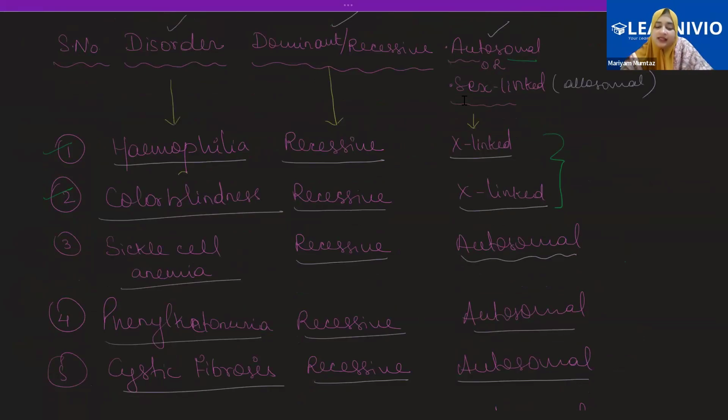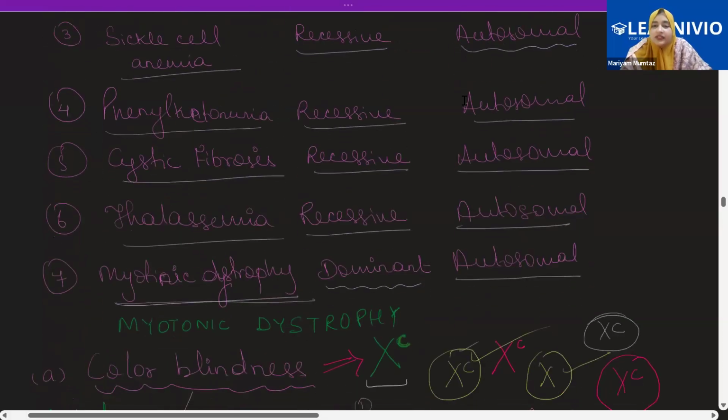Then there's color blindness, which is again recessive and also X-linked. Then we have sickle cell anemia, which is again recessive, but here the nature is autosomal. It is not inherited via the sex chromosome, rather, it is inherited by the body genes. Then we have phenylketonuria, which is again a recessive disorder and autosomal in nature.